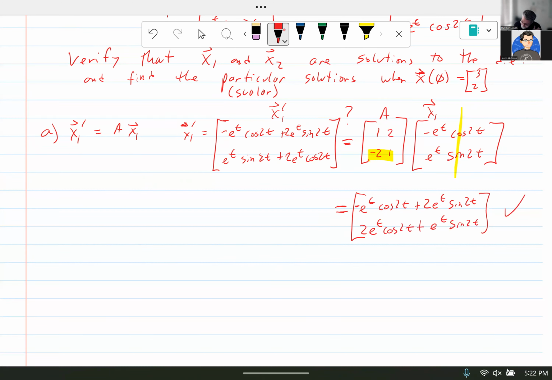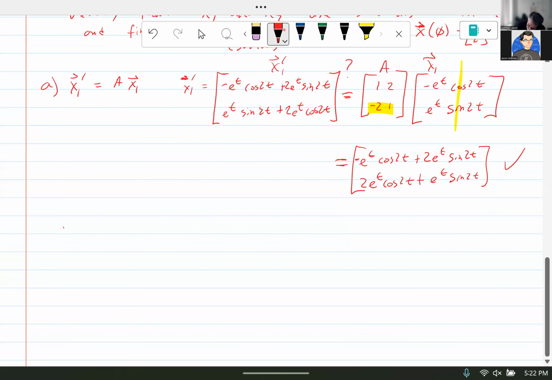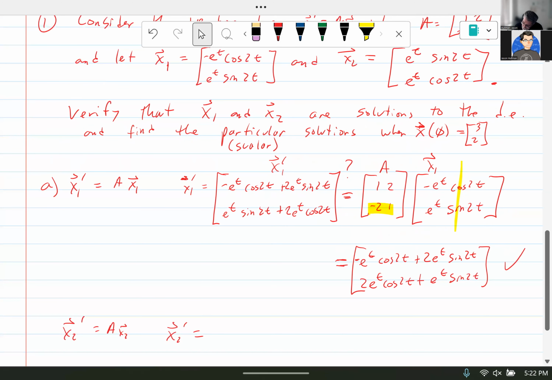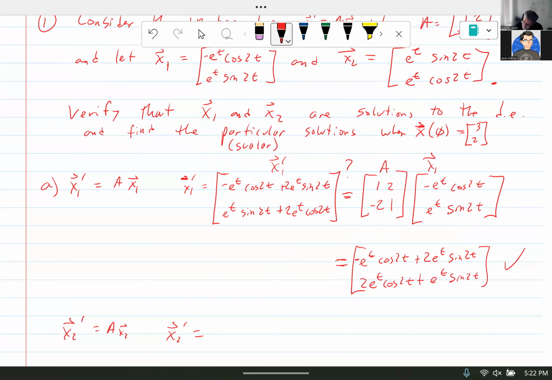Now let's see if the other one, x2, works. So x2 prime is equal to Ax2. What was x2? x2 was e to the t sine 2t, e to the t cosine 2t.